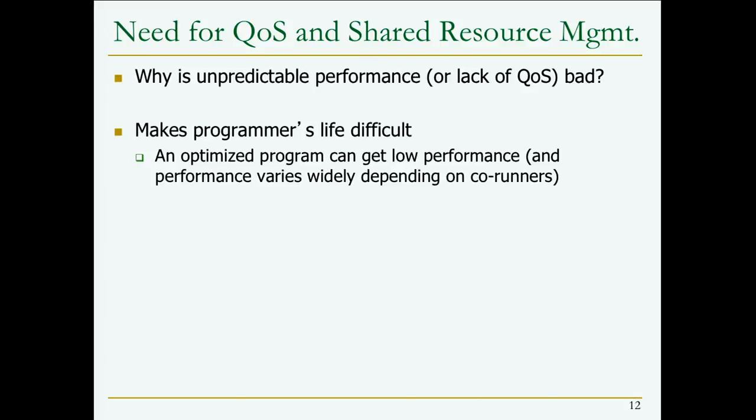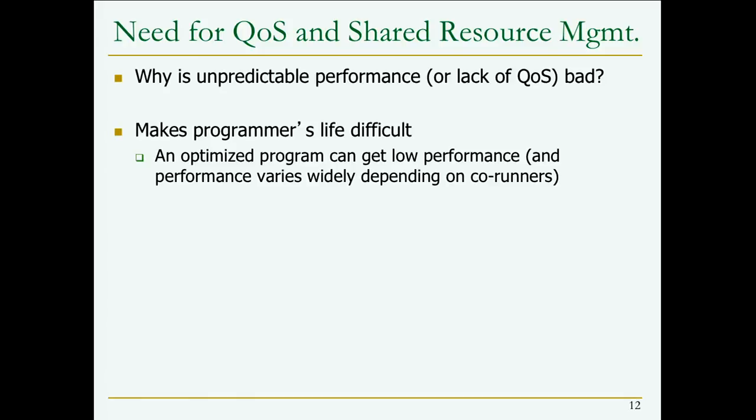If you have unpredictable performance, you also make programmers' life difficult, because you may be optimizing your program really well, like for cache locality, but you can get very low performance in the end because your cache is unfair. It doesn't care about your locality. It basically allocates resources to whoever demands it.